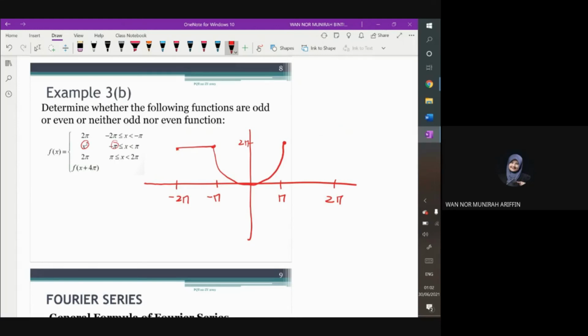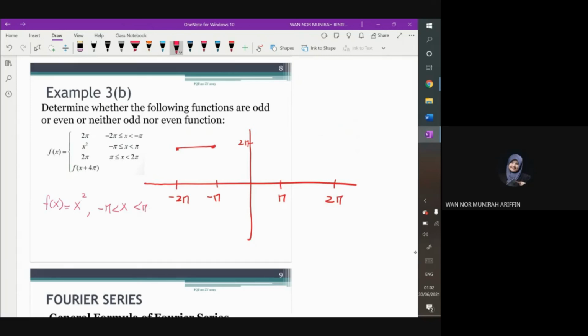So pi square, what about the pi square class? Pi square is about, this is not from 2 pi. I try to show you how to sketch this one. So your f(x) equals x square within negative pi to pi.